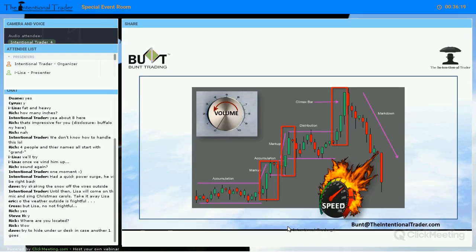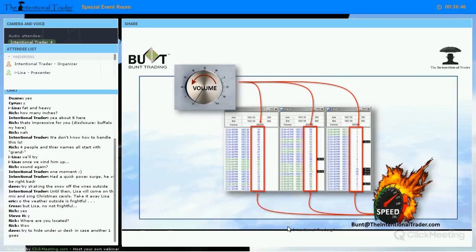In order to move price, they don't want to do it on high volume. They want to do it on very low volume, but they want to do it very quickly. Okay? When we see relatively low volume, but a relatively high speed of orders being processed, that's when we have a good handle on when the market manipulators are doing their thing. And if we know when they're doing their thing, we know why they're doing it, and we know what's likely to happen next, and there's our edge. Okay?